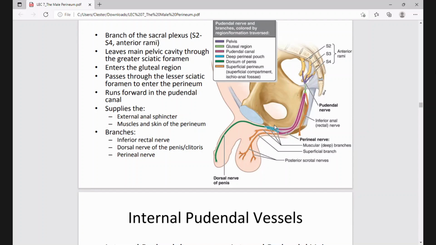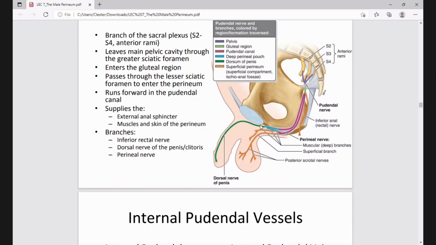Once it emerges from the pudendal canal, it will give off its branches. Even before it enters the canal, it will already give off the inferior rectal nerve, which innervates the lower half of your anal canal, and also partly the rectum.